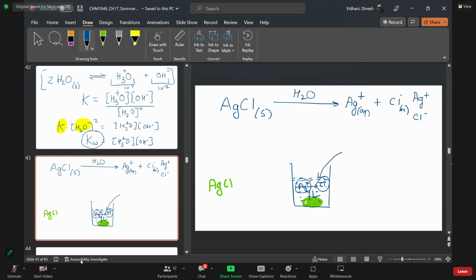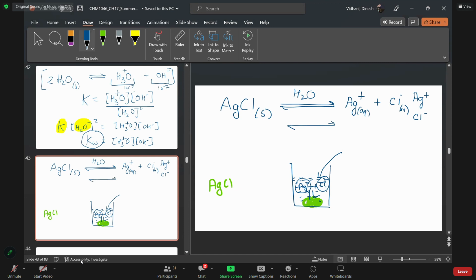No. Why? Because this is an equilibrium, so I should replace this arrow with an equilibrium arrow. I'm going to write it like this. Now, in theory, is it the right way to draw the equilibrium like that? The answer is no. Why? Because the equilibrium favors solid silver chloride, not the ionic form. So my equilibrium should look like this.